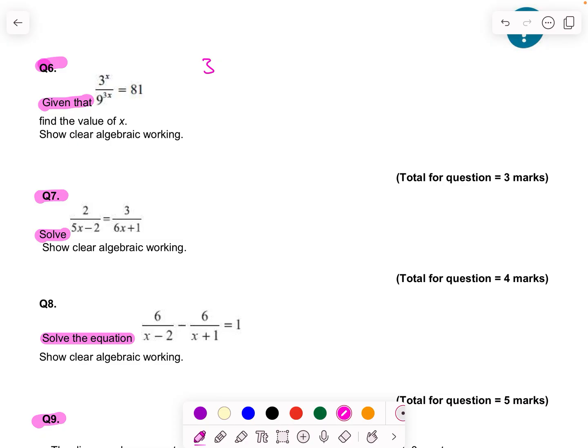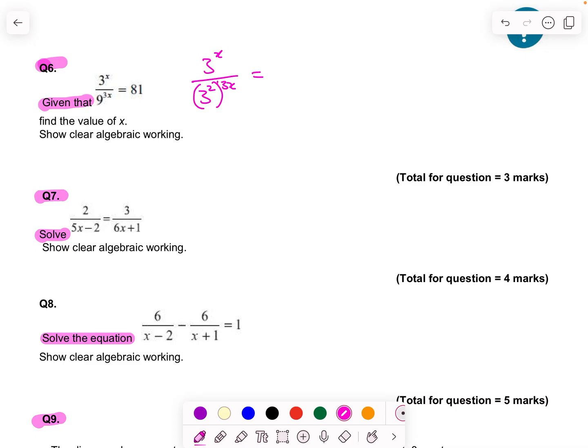So 3 to the power of x, and then we can write 9 as 3 squared, to the power of 3x equals, and then 81 is 3 to the power of 4. Let me just work out.